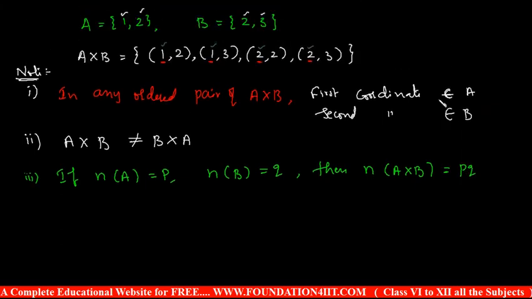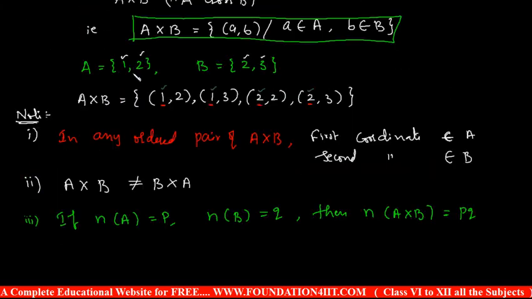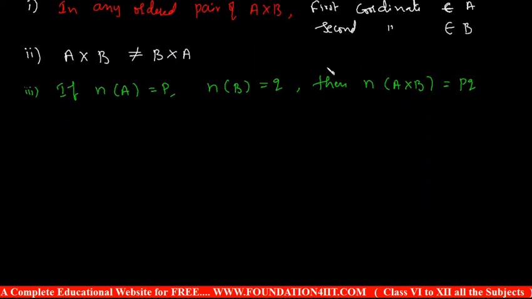If you notice the previous example, here there are two elements and here two elements, so 2 into 2 is 4, so we got four ordered pairs: 1, 2, 3, 4. The same, because each first element is multiplied with everything. So n of A is p, n of B is q, then n of A cross B is equal to p into q. Here n of A stands for the number of elements of A, and n of B is the number of elements in B, right?